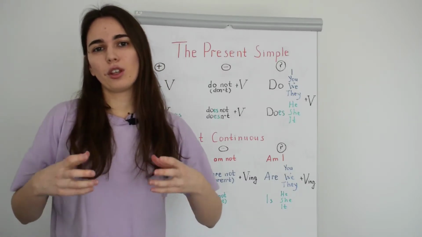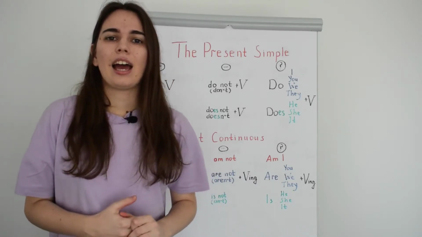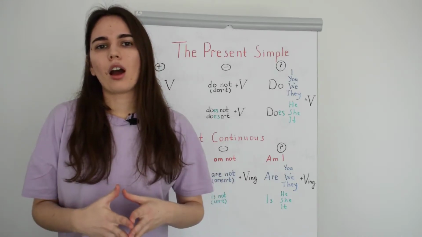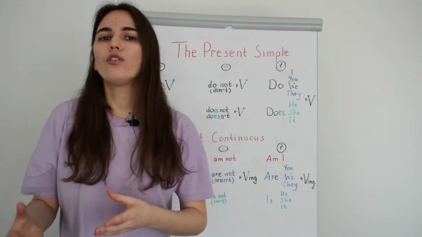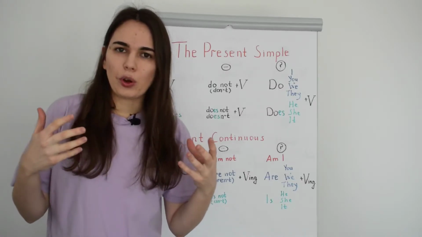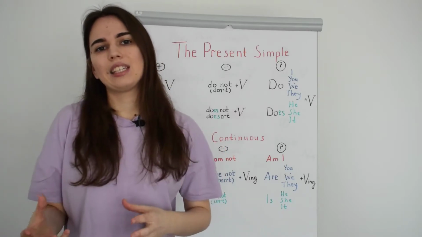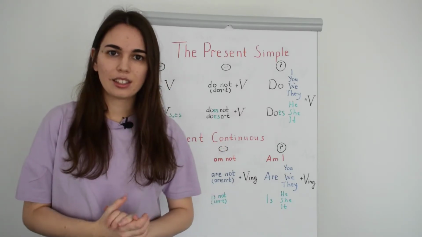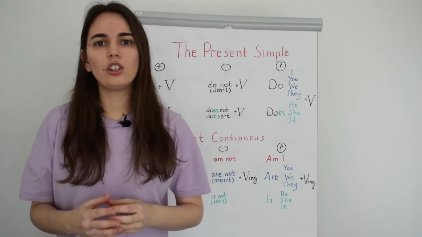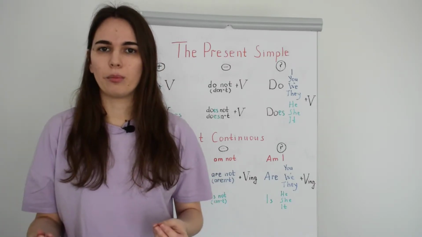But you need to know these tenses confidently. And what I mean by knowing them confidently is that you can form them. You can form affirmative, negative, and questions sentences, and you also know when to use them.